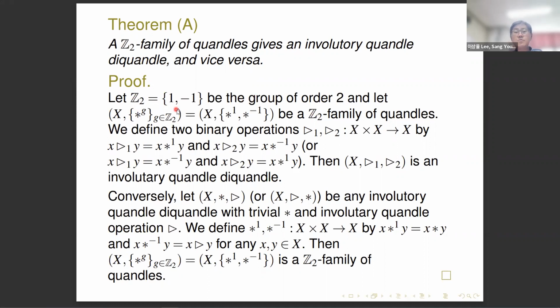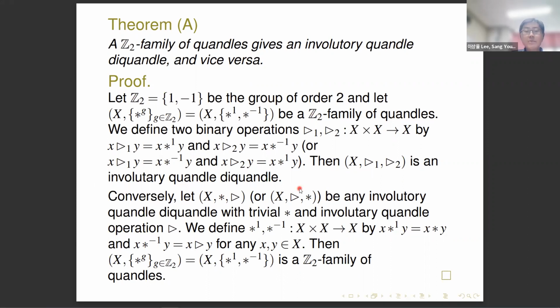The proof is easy. We write the group G2 as {1, -1}, and let this be a G2 family of quandles. Then we define two binary operations δ1, δ2 like this. In this case, x δ1 y is x star 1 y, and x δ2 y is x star inverse y. Then (X, δ1, δ2) is an involutory quandle diquandle.